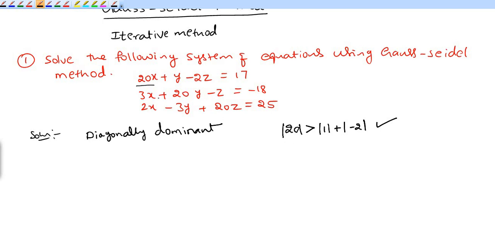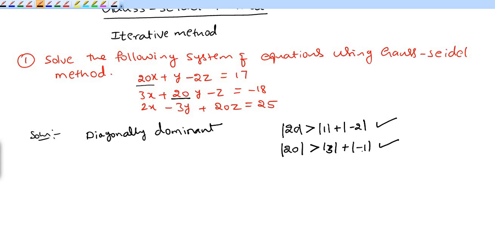Similarly, look at the second equation. In this, the principal diagonal element is 20, the coefficient of y. This should be greater than the other coefficients, the coefficient of x, that is 3, and the coefficient of z, minus 1. Means 20 is greater than 4.